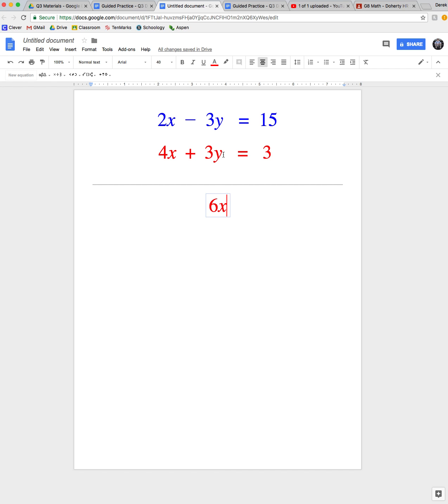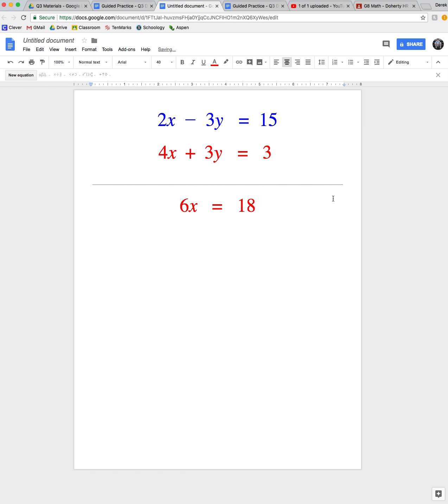The key thing we noticed earlier, when I combine this positive 3y with a negative 3y, they will eliminate or wipe each other out entirely. I'll bring the equal sign down, and the right expressions for both equations were added as well. All we do is add 15 plus 3, and we get to 18 at that point.